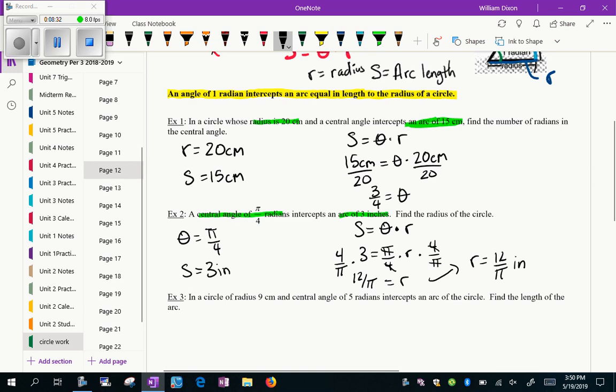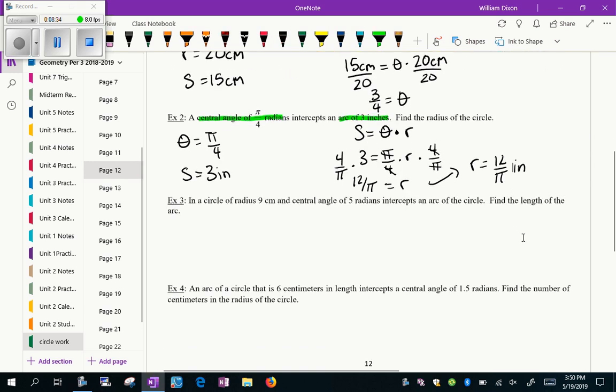Okay, let's go to example number 3. It says, in a circle of radius 9 centimeters, a central angle of 5 radians intercepts an arc of the circle. Find the length of the arc. All right, so once again, I have theta equals 5, that's the central angle.